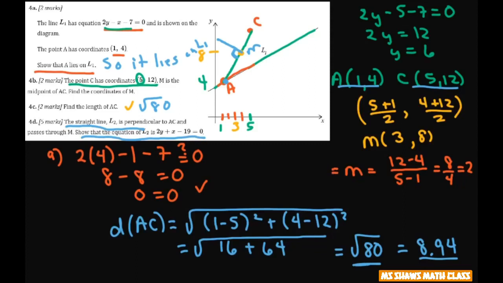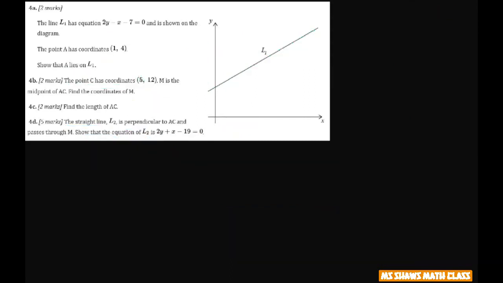So that's the slope of AC. The perpendicular line L2 to AC has the negative reciprocal. So the negative reciprocal of 2 equals negative 1/2.